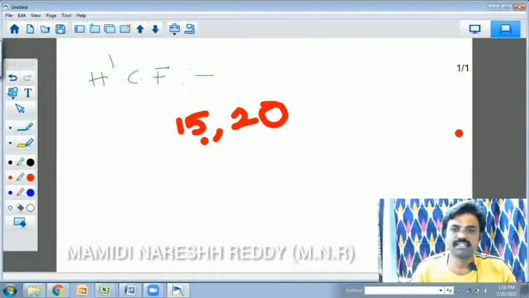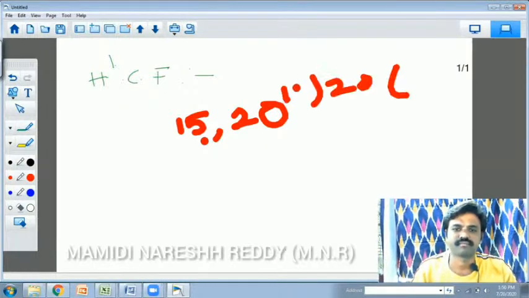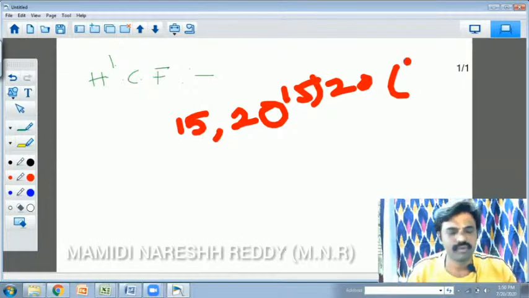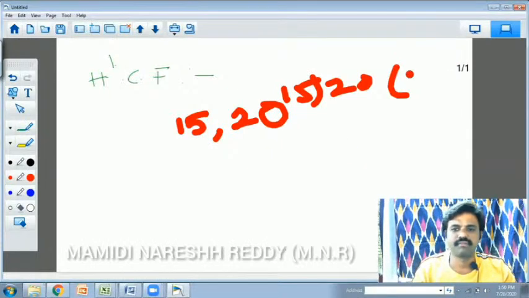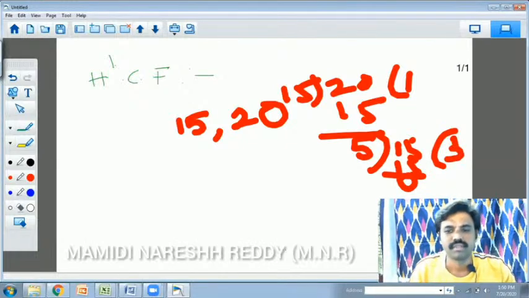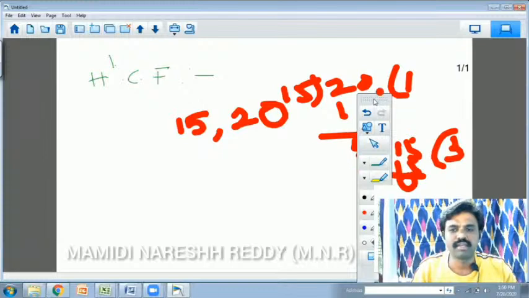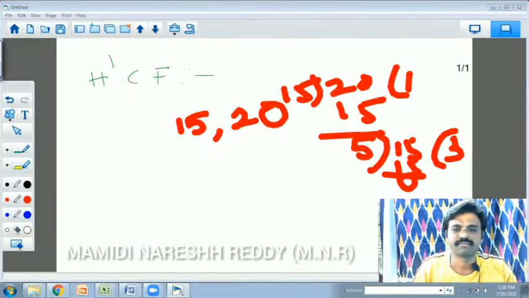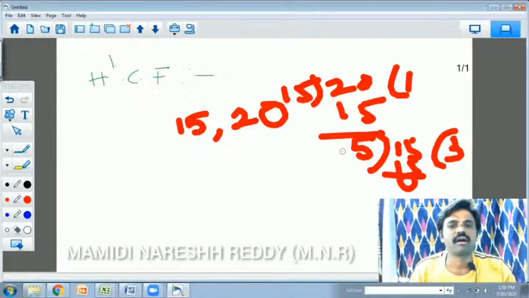Generally, we divide 20 by 15. 15 ones are 15, and the remainder is 5. Again, with 5, we need to divide 15. 5 threes are 15, so the remainder is 0. So here we consider 5 as the HCF.